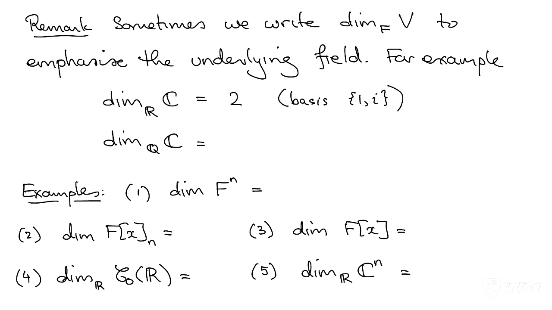Take root 2, root 3, root 5, root 7, root 11, root 13, the roots of all the primes. You can prove, with some effort, it's not a super easy proof, that they're all linearly independent over Q. So if you take a rational combination of root 2, root 3, root 5, root 7, root 11, and so on, put them all in a big sum, set that equal to 0, then all of those coefficients have to be 0.